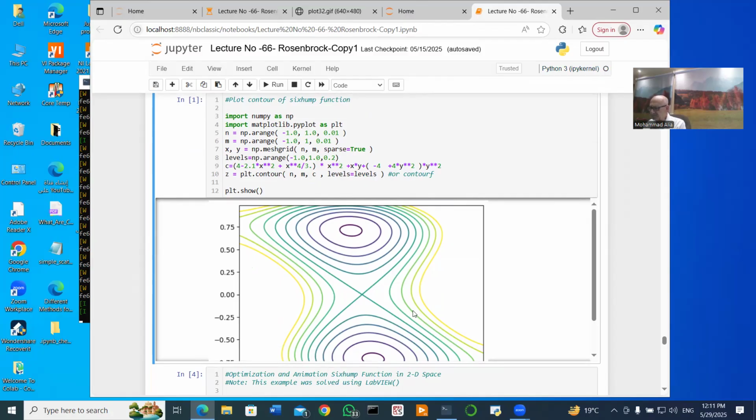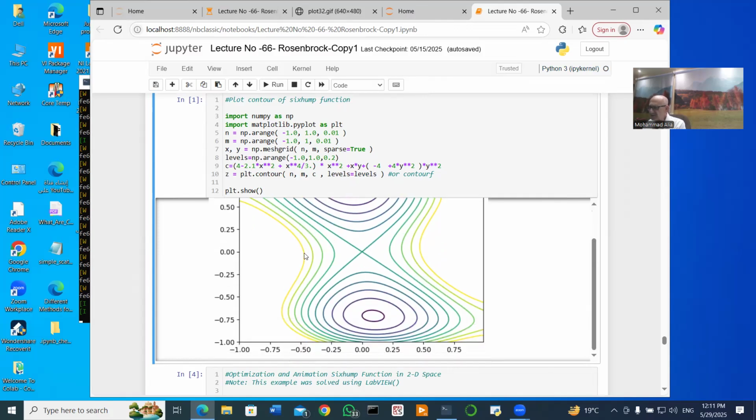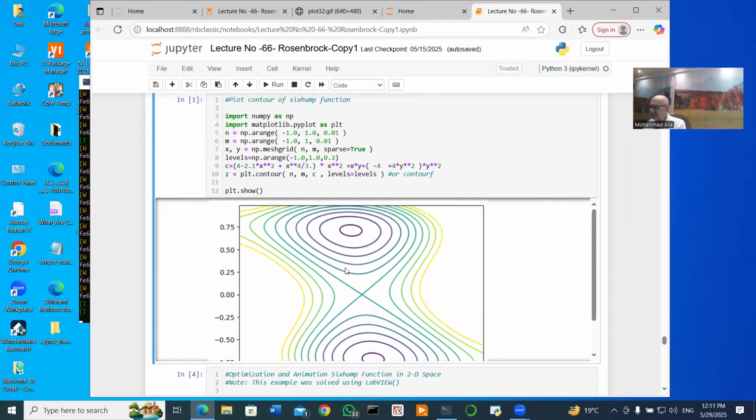And as I told you, this function has 2 global minimum values, but one of them will have inverted signs versus the other, minus A B or minus B and A. So this is one point, and here is the other point, and we shall see these exact values and how they converge in the next paragraph.